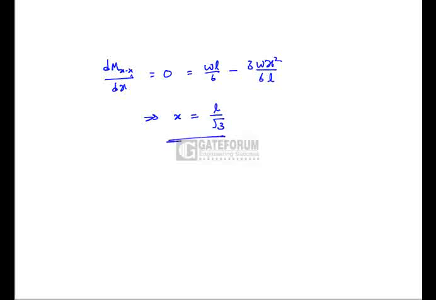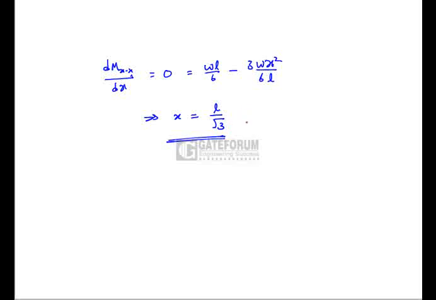Now differentiating the moment equation about XX with respect to X and equating it to 0, which gives WL by 6 minus 3WX square by 6L. From this we can find out X, which is equal to L by root 3. So this is the location where the maximum bending moment occurs.